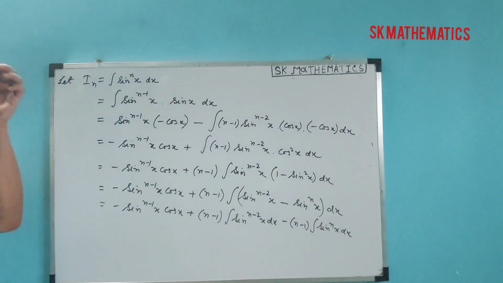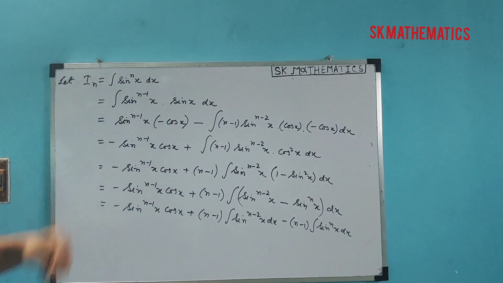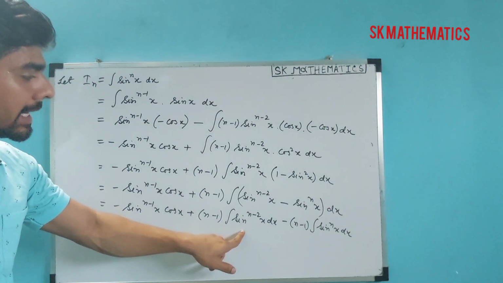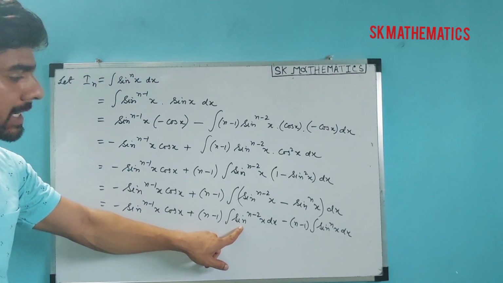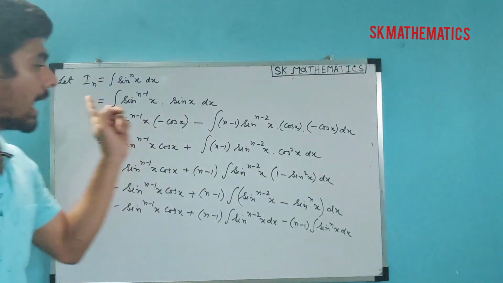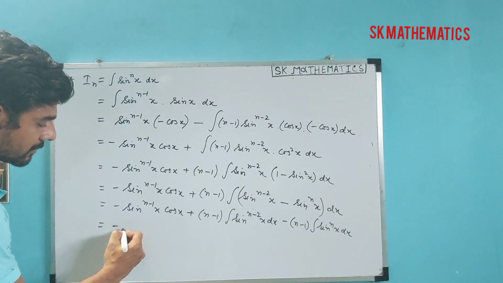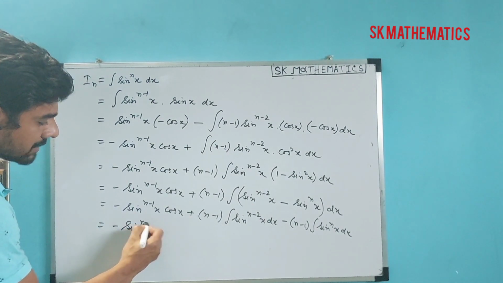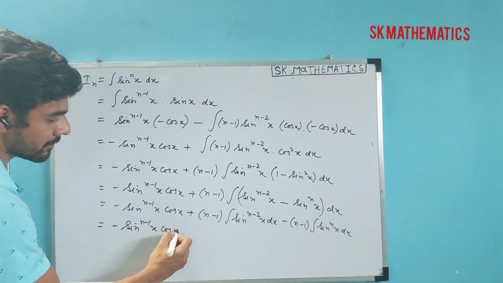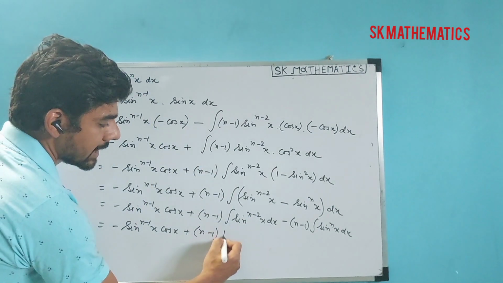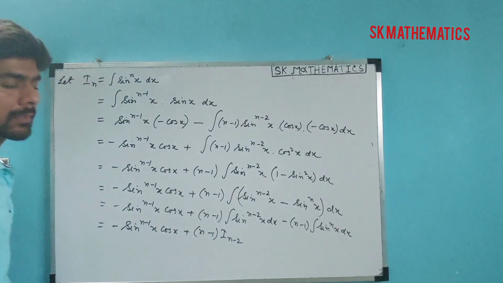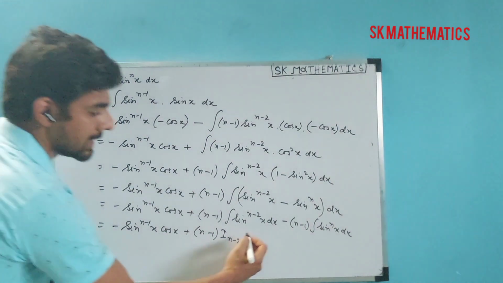Now you can see we let I_n the integration of sin^n x dx, so the integration of sin^(n-2) x dx will be I_(n-2), and this part is the same I_n. So we will write it in the form sin^(n-1) x cos x plus (n-1) into I_(n-2). Okay, you can easily understand that.